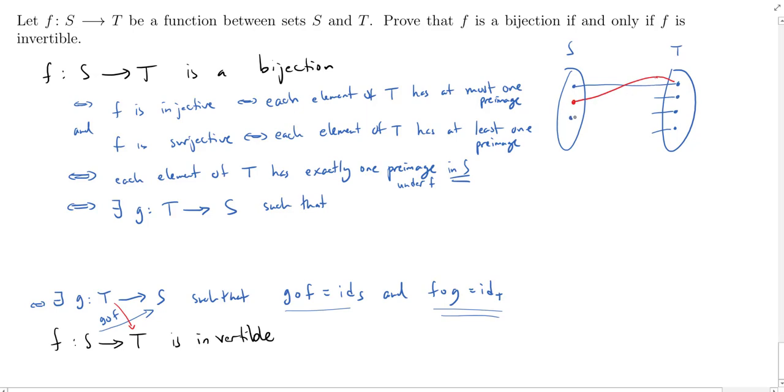So let's say we had a dot, and f maybe sends x to y. So I choose some y, and let's see what happens.